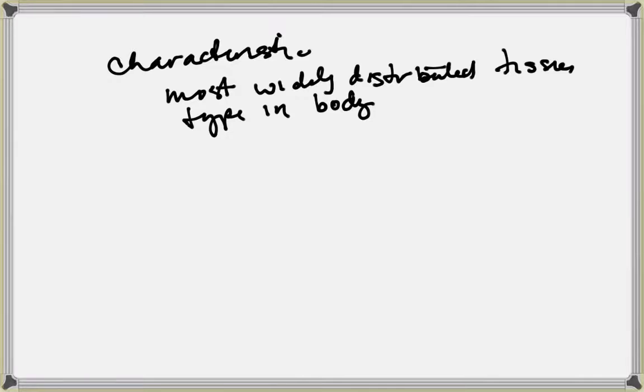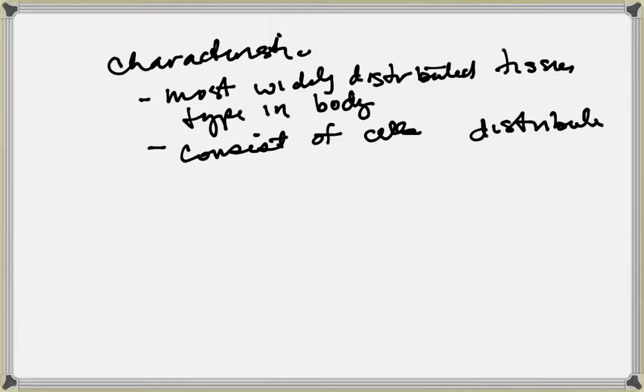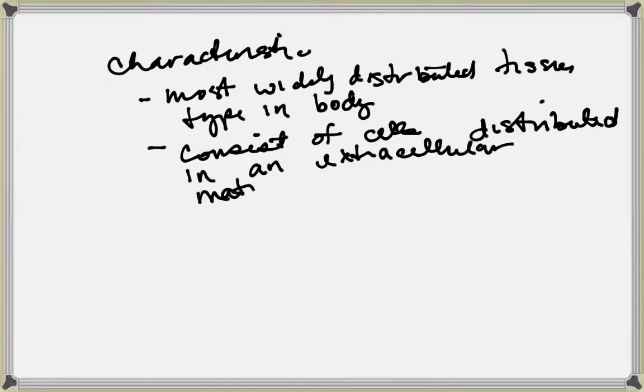They consist of cells that are distributed in what's known as an extracellular matrix. They're further classified by contents of the extracellular matrix. What can we find within it?